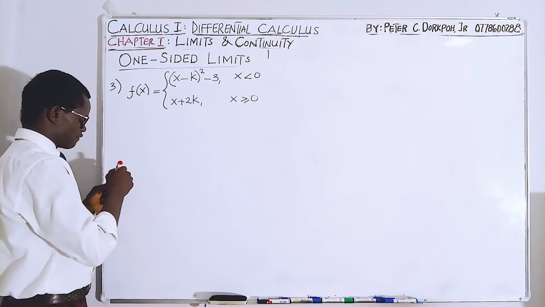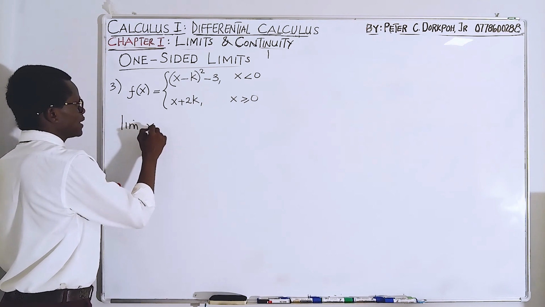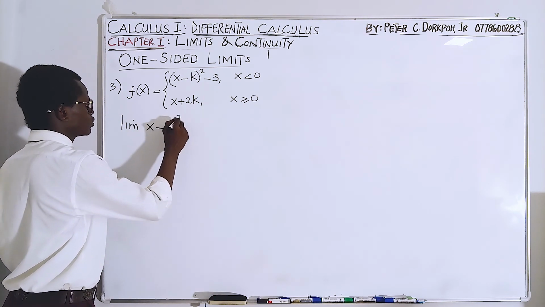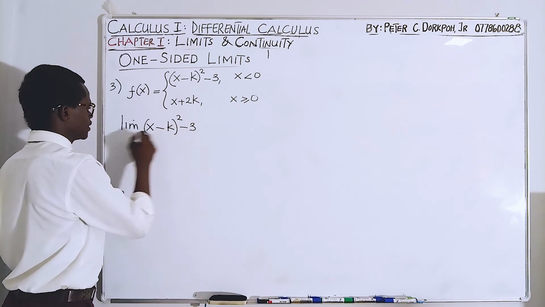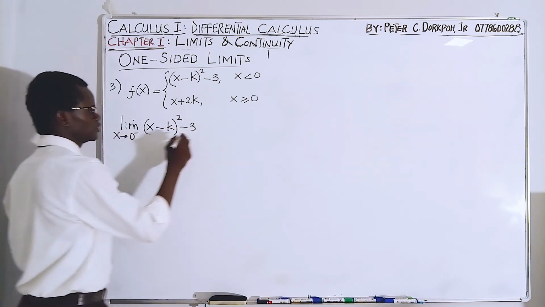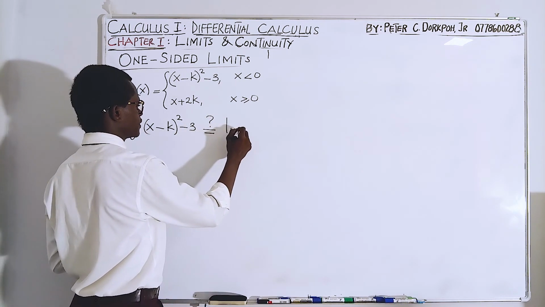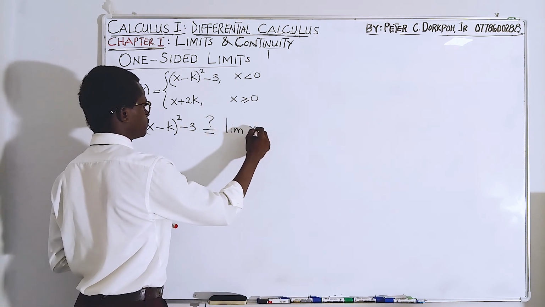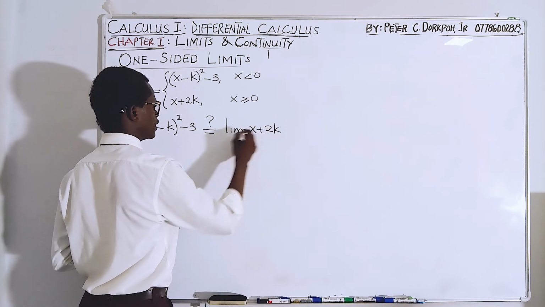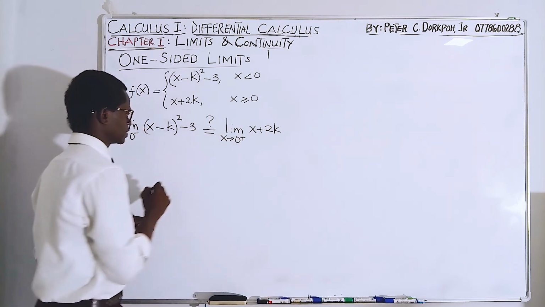So now we have the limit of the first one. You have the limit of (x minus k) all squared minus 3 as x approaches 0 from the left equals, we put a question mark, the limit of x plus 2k as x approaches 0 from the right.